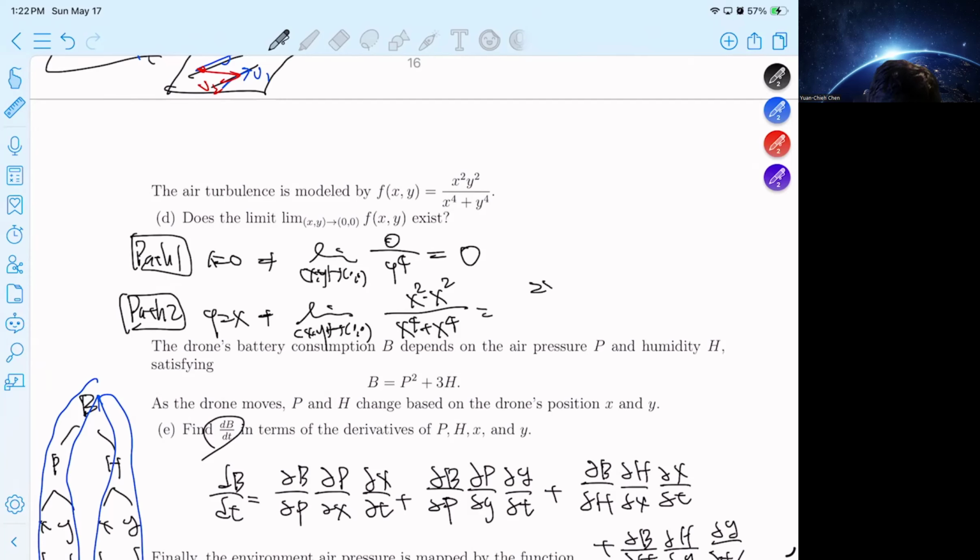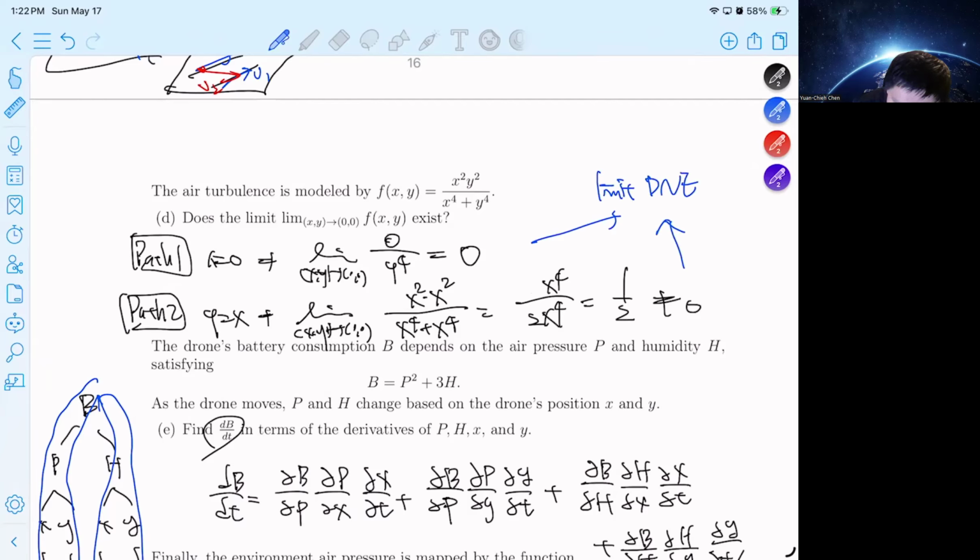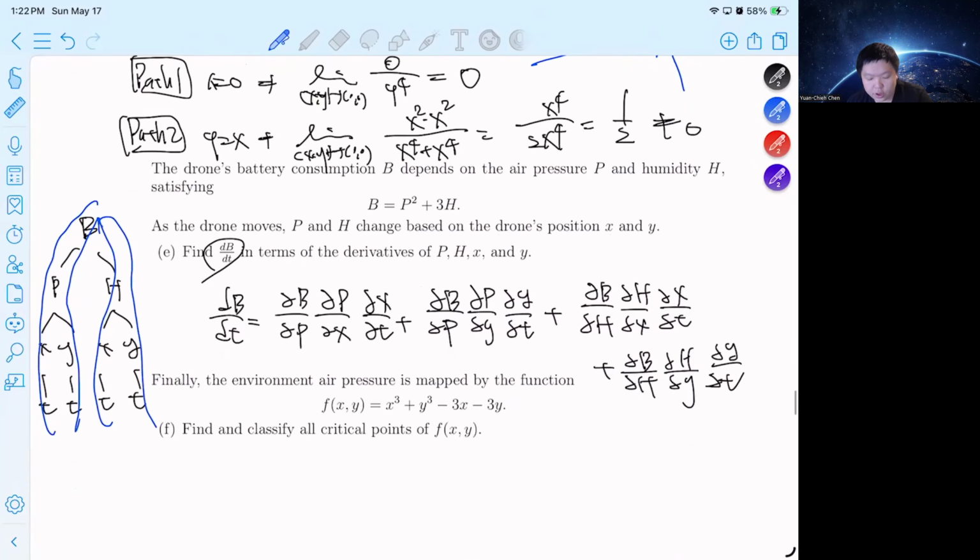So now it's 2x to the power 4 over... 1x to the power 4 over 2x to the power 4, so it's 1/2. It is not 0. So they are not equal, so the limit DNE. That's it. So if you find two paths and they give you a different answer, the limit does not exist.